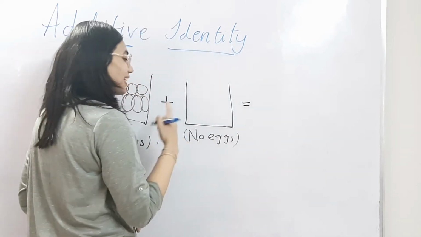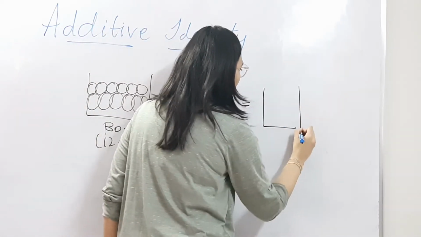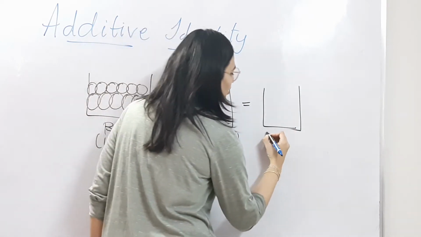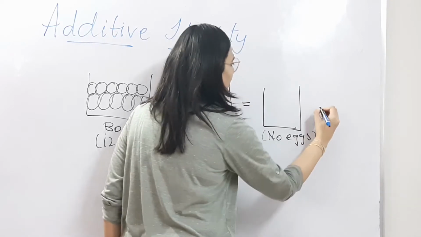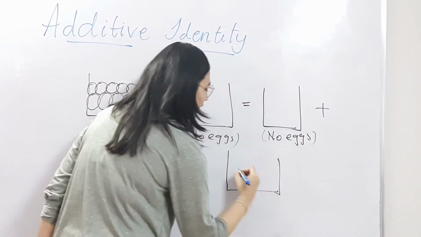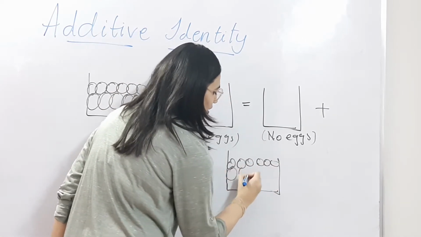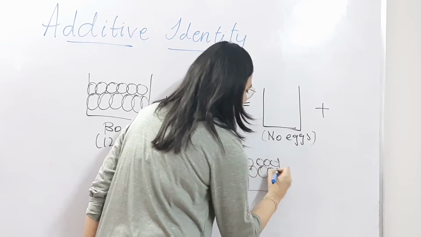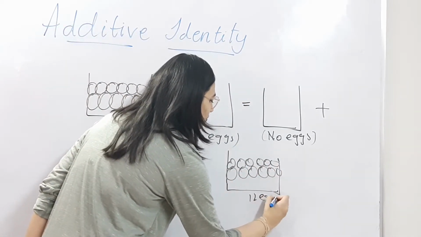Or else, take another example wherein I have an empty box with no eggs, and I would like to add 12 eggs to that box. What happens in this scenario?